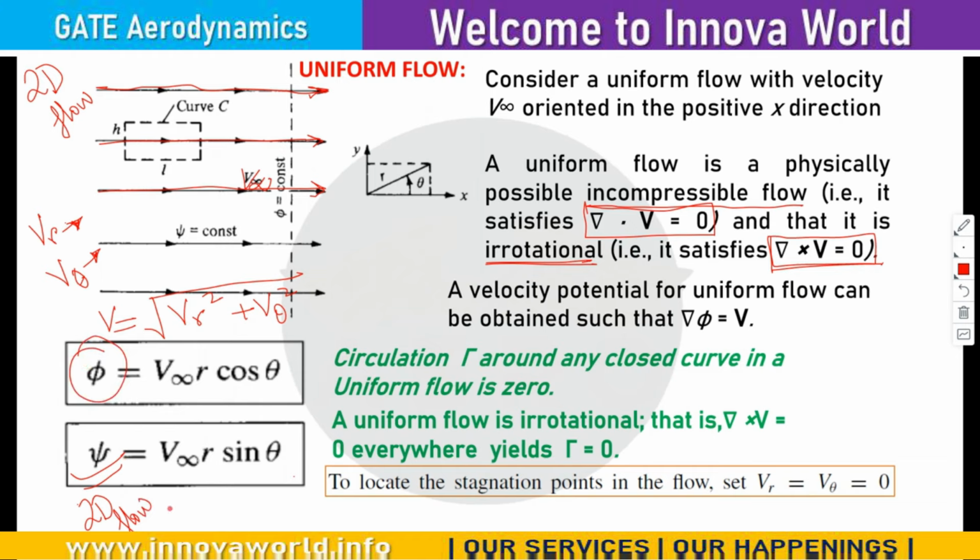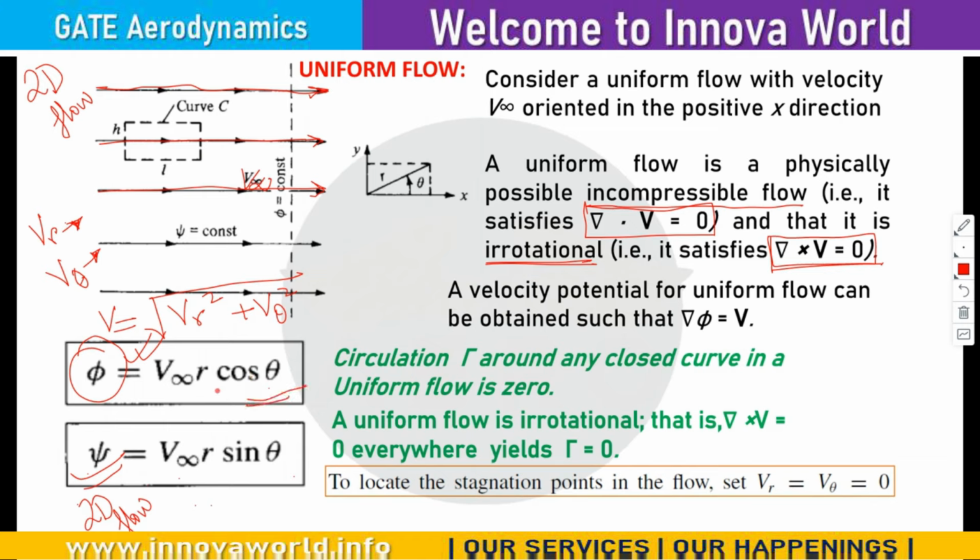For the stream function, the flow can be either rotational or irrotational, but for the velocity potential it is fixed that it has to be irrotational, steady and incompressible.